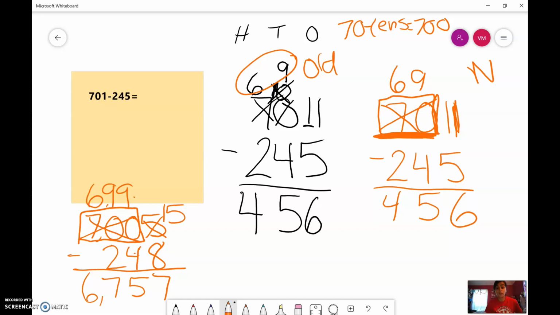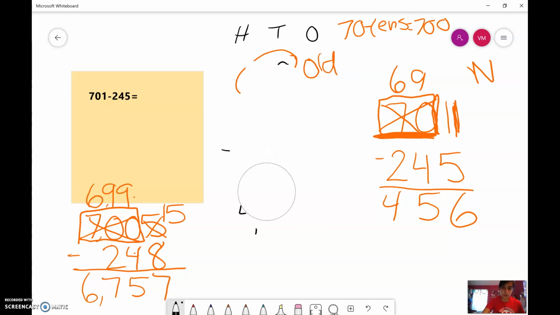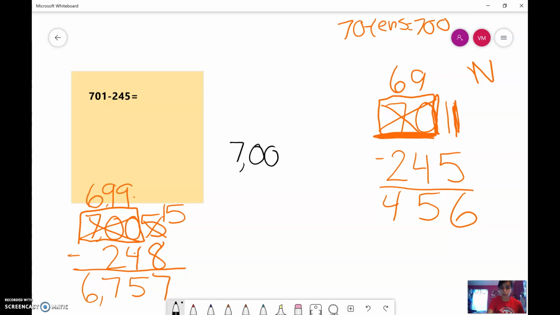If you would like to do the traditional way, it's the same thing. I'm probably going to make space over here. The traditional aspect is 7,005 minus 248. Again, 5 minus 8 ones you can't, so I have to regroup. I still don't have anything in the tens. Still don't have anything in the hundreds.